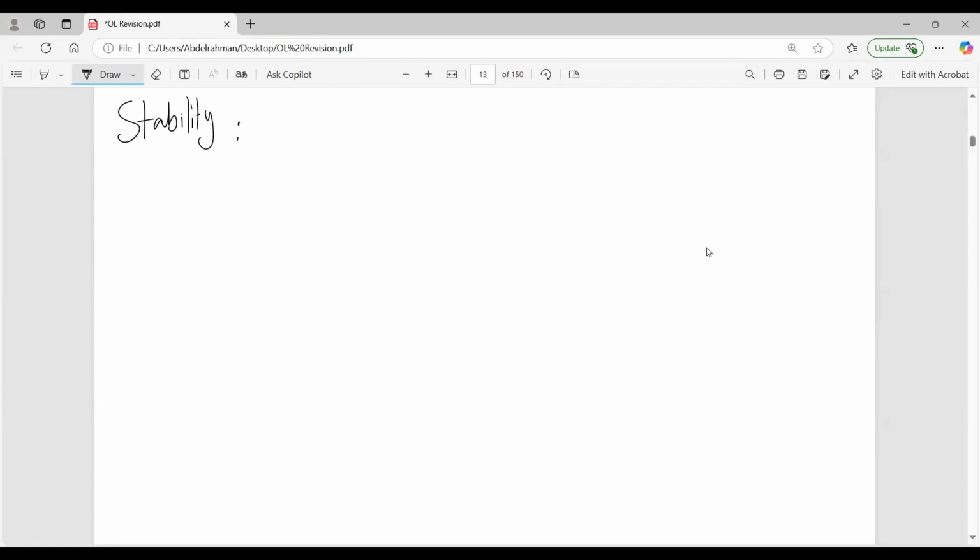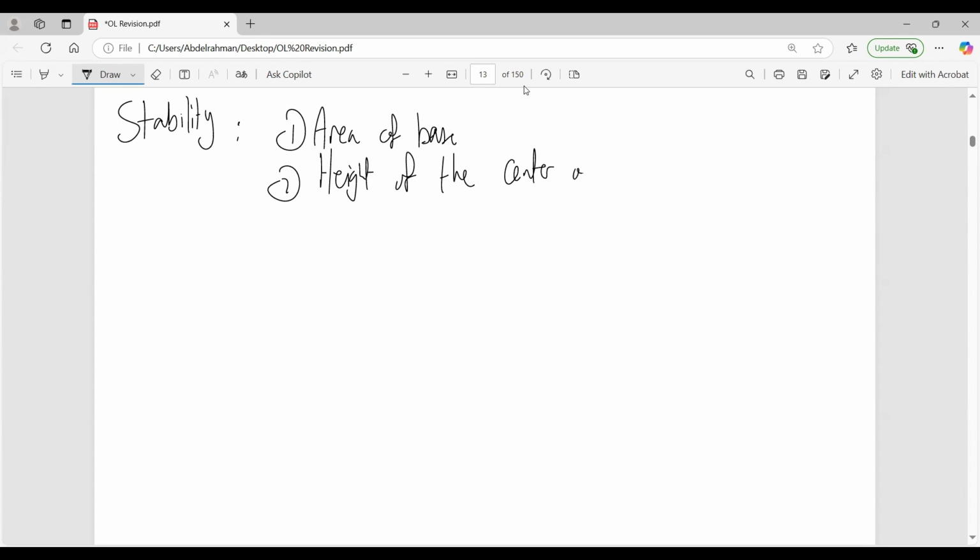It has to do with the area of the base and the distance between the center of mass and the ground, okay? The area of the base, and the height of the center of mass. So whenever you increase the area of the base, the stability increases.